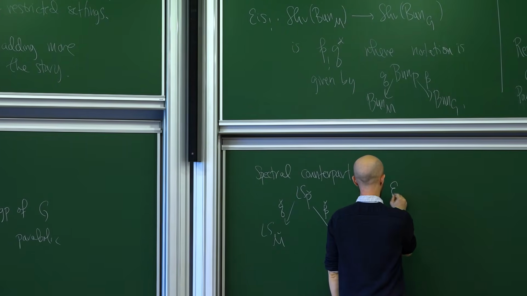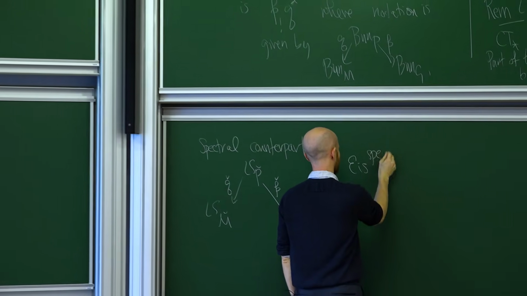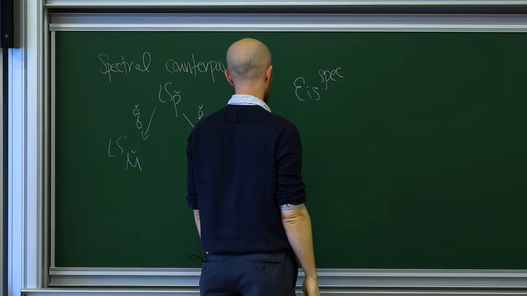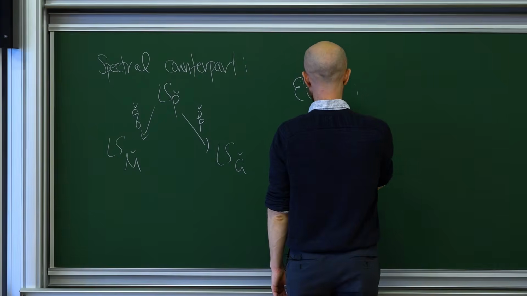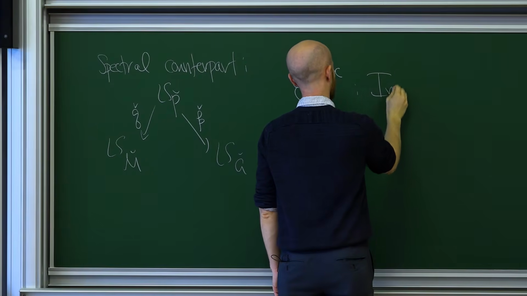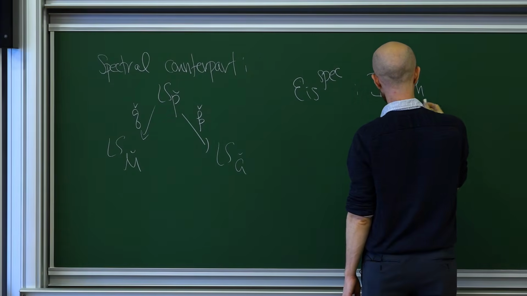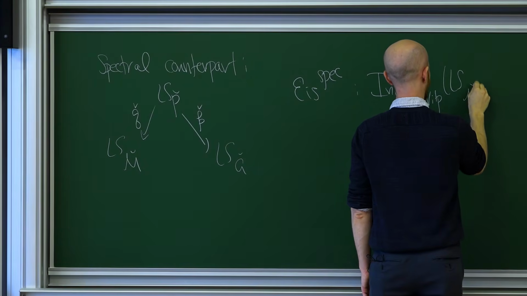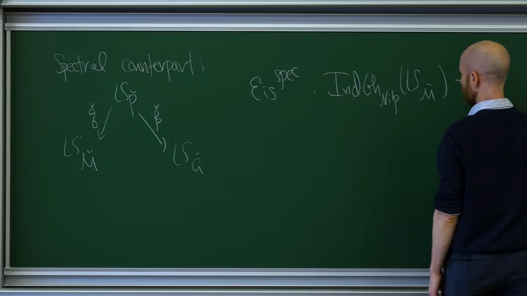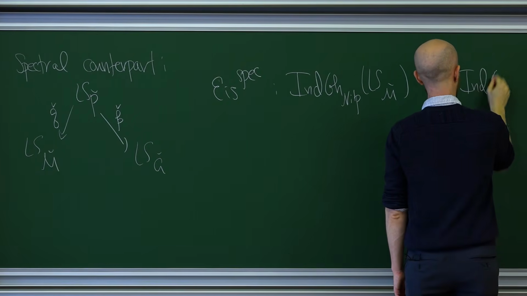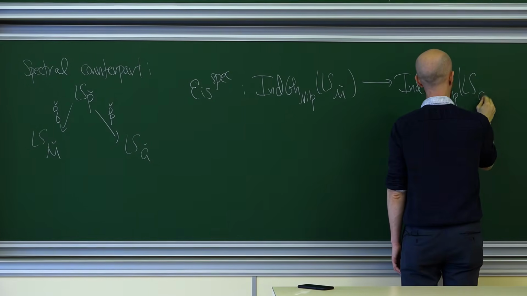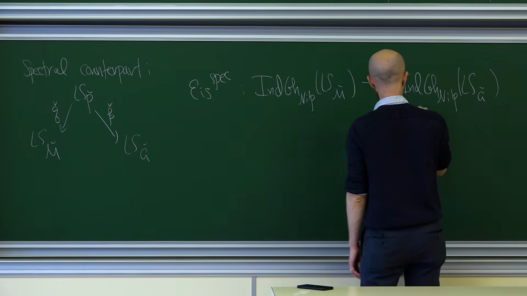But then we define, so I said this formula before, but I want to repeat it now in the IndCoh setting, because we did it in the QCoh setting before, and I said it was provisional. So there's a functor I spec from here to here.